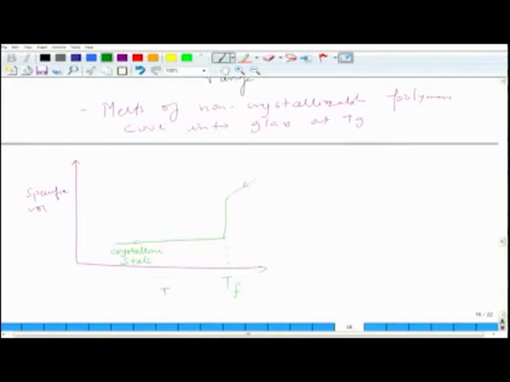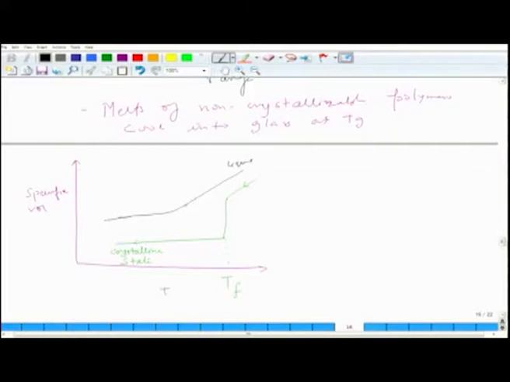So that's a usual liquid, but in case of the polymer, you would see a little different scenario. It may have the same behavior like this. So this is, let's say, the liquid, and you are quenching it and reducing the temperature, and at this point it can change the slope.